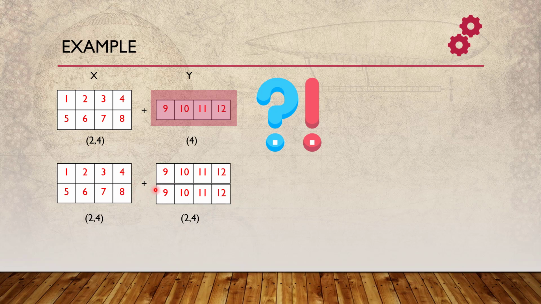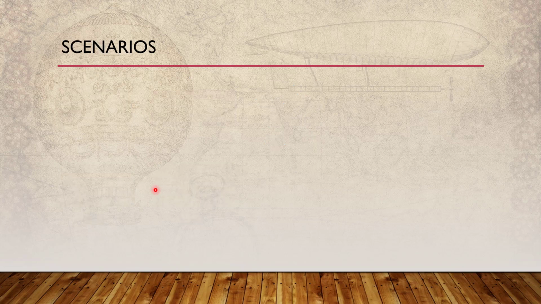Now there could be a lot of different scenarios on how broadcasting should work, and different rules as well. Broadly we can divide all those scenarios into two parts. The first is where the tensor ranks are different. We just saw an example of adding a 2D tensor with a vector, so their ranks are different.